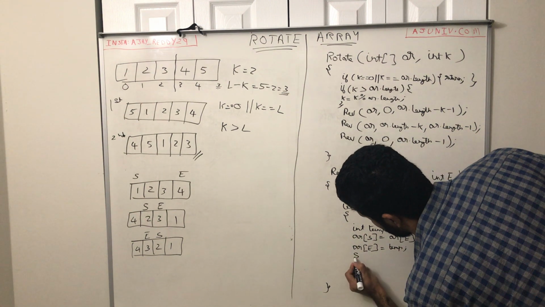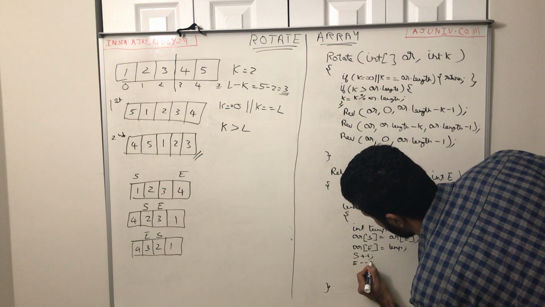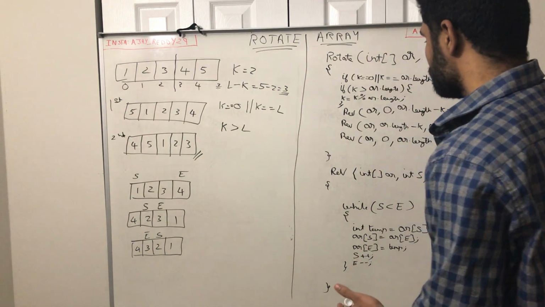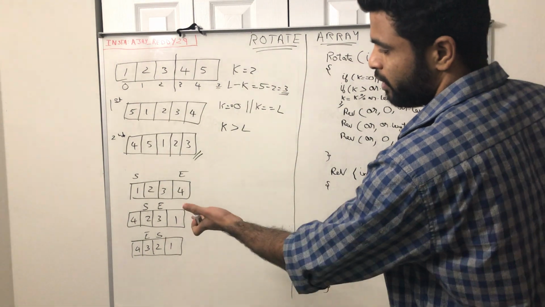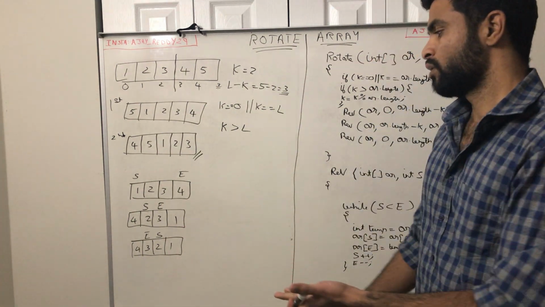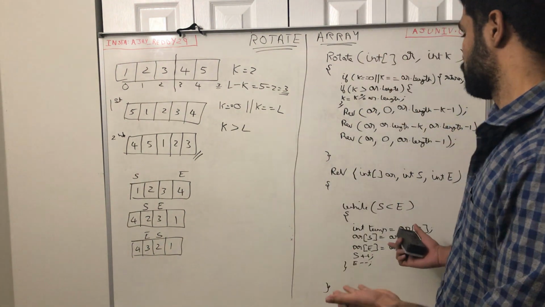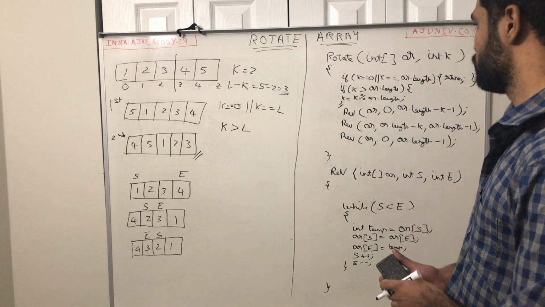Okay, and I will increment start and I will decrement end pointer. By this way you can reverse the array in linear time and without any extra space. So this is about the reverse function.